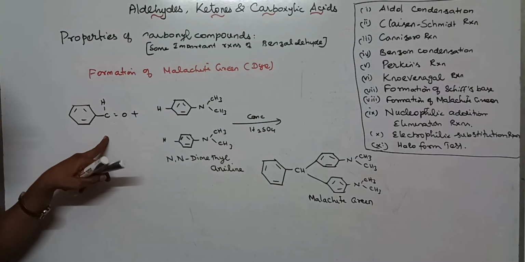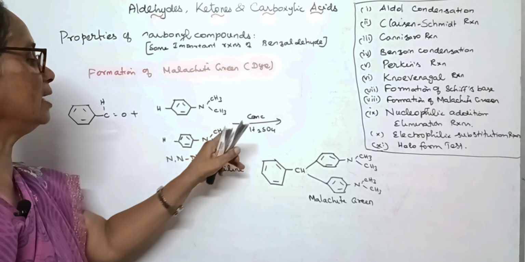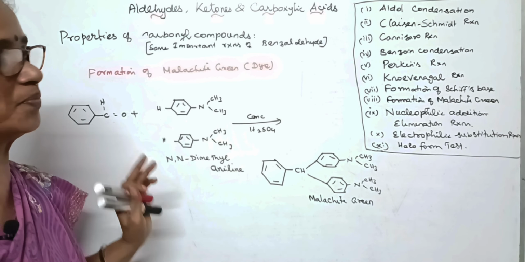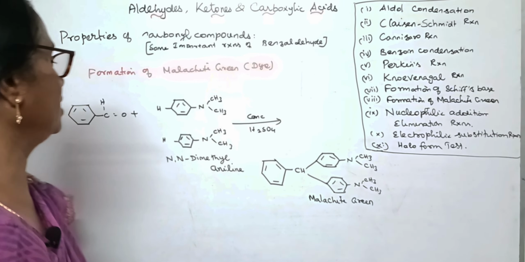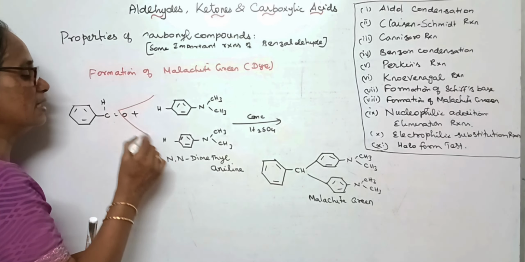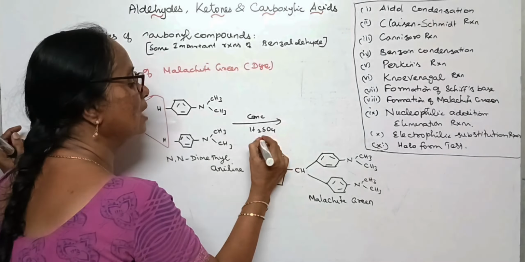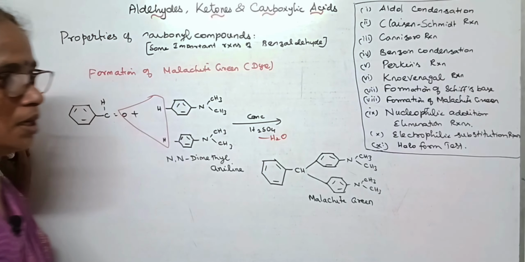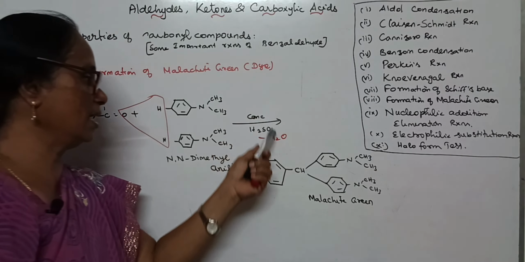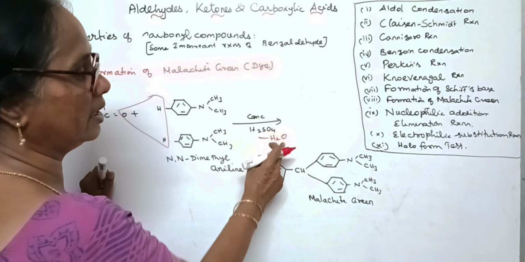Formation of malachite green, a green dye. It is formed when benzaldehyde is treated with two molecules of N,N-dimethyl aniline. So, to the N,N-dimethyl aniline, the para position hydrogen atom gets condensed with the benzaldehyde carbonyl oxygen. So, there is a loss of a water molecule and the reaction is carried out in presence of concentrated sulfuric acid as a dehydrating agent.